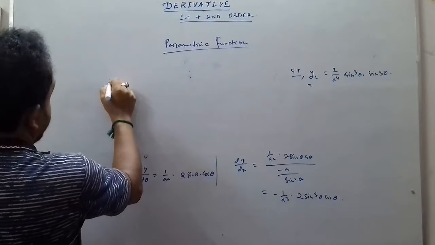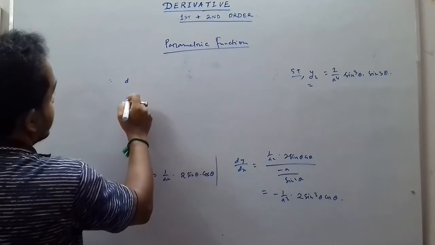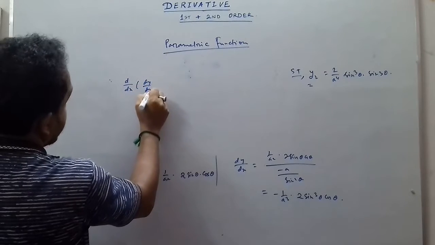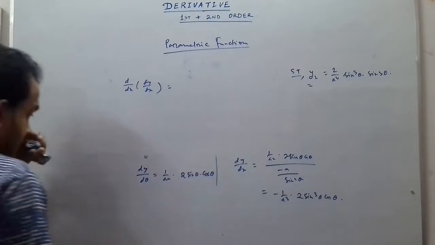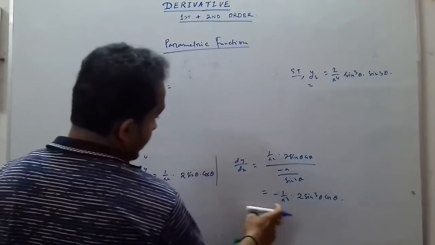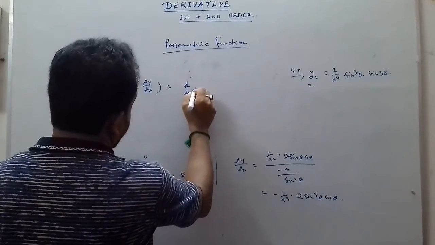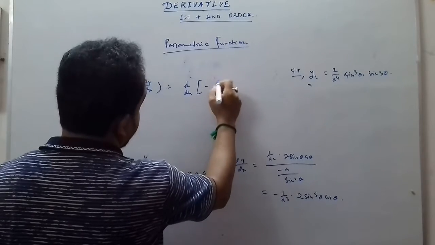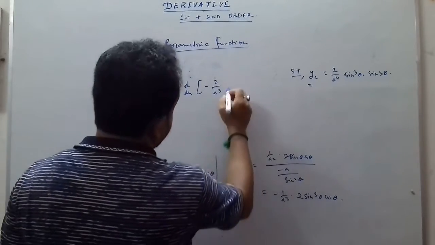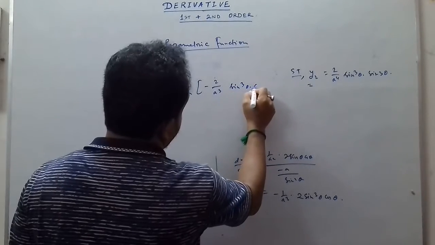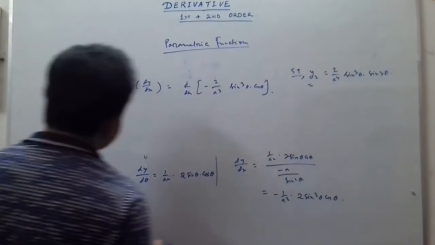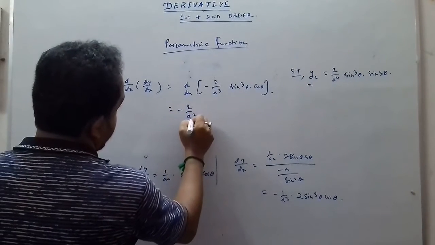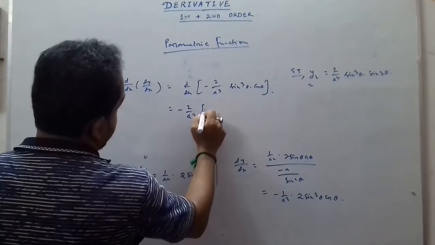Next, we need to find d2y by dx2. Now d by dx of dy by dx is equal to d by dx of minus 2 over a cube into sin cube theta into cos theta. Minus 2 over a cube is a constant.